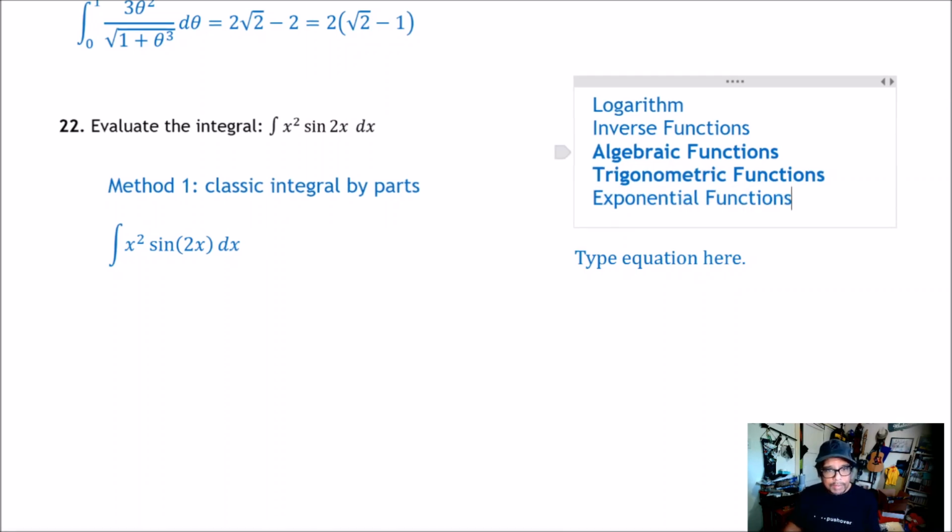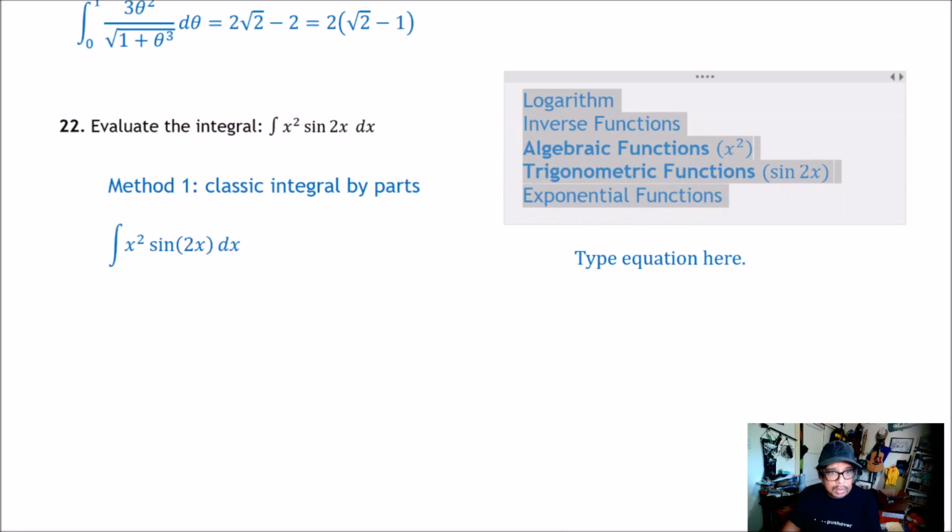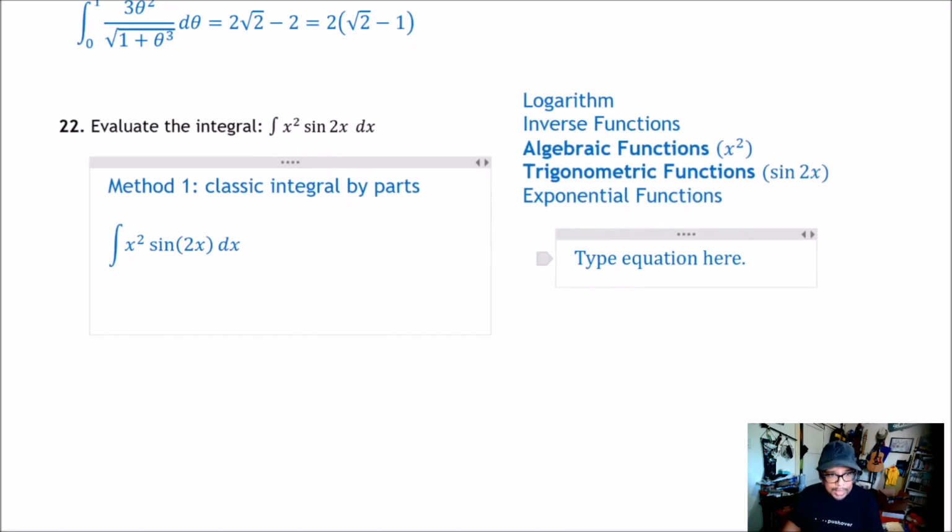Our algebraic function is x squared, and then our trig function is that sine of 2x. So that tells me that my choice of u should be whichever one of those two is higher up on the list, which should be x squared.